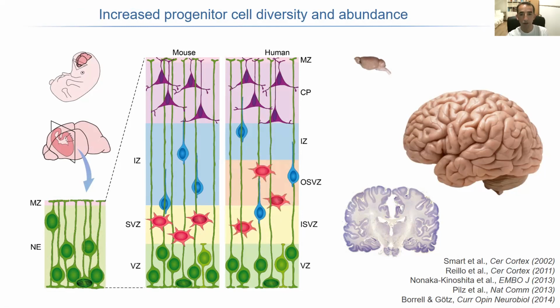These two subventricular zones contain a very large amount of intermediate progenitor cells like mouse, but also contain other types of progenitor cells, including basal radial glia cells that are very abundant and important, and also other types like, for example, subapical progenitor cells. So it will be this increased diversity and high abundance of progenitor cells that will make the difference between the small and smooth cortex in the mouse and the large and folded cortex in humans.